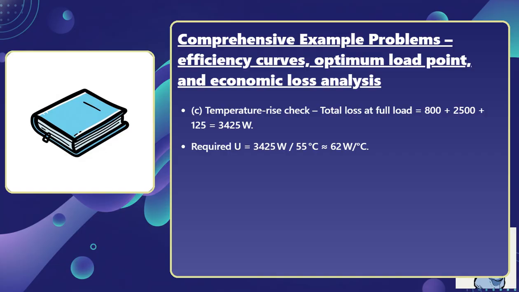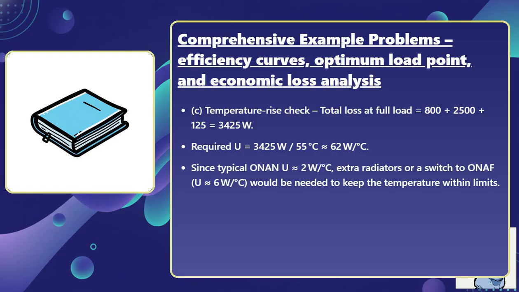Required U equals 3,425 watts divided by 55 degrees Celsius, approximately 62 watts per degree Celsius. Since typical ONAN U is about 2 watts per degree Celsius, extra radiators or a switch to ONAF, U about 6 watts per degree Celsius, would be needed to keep the temperature within limits.